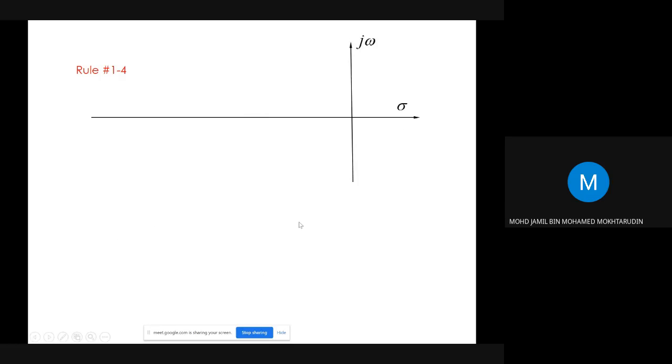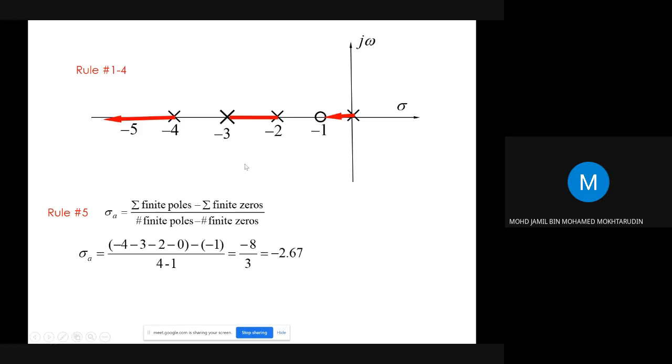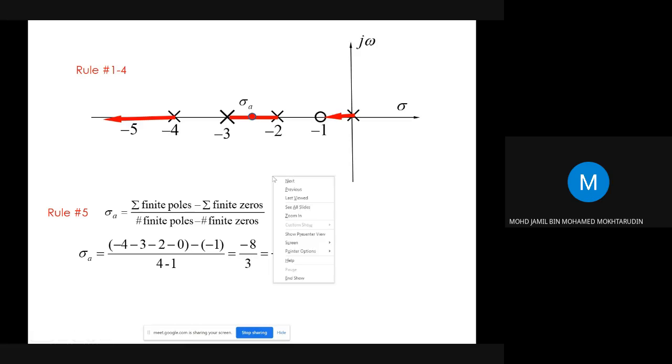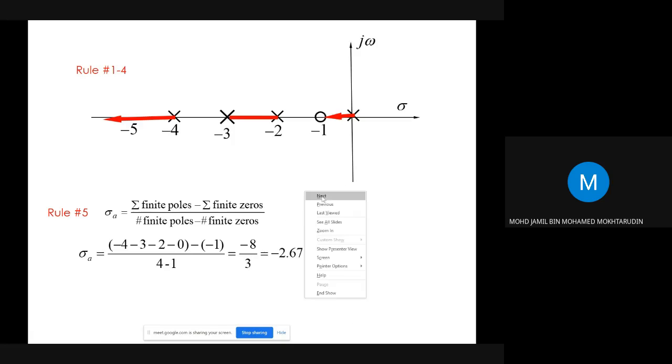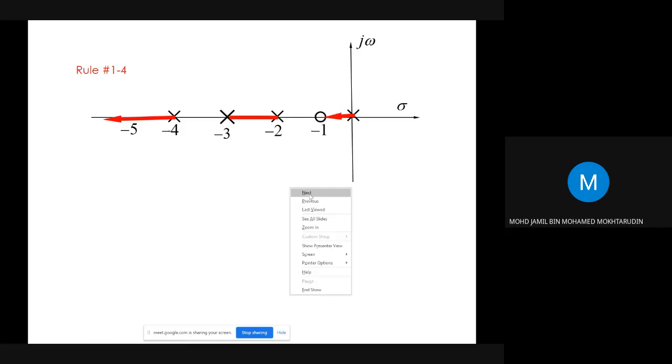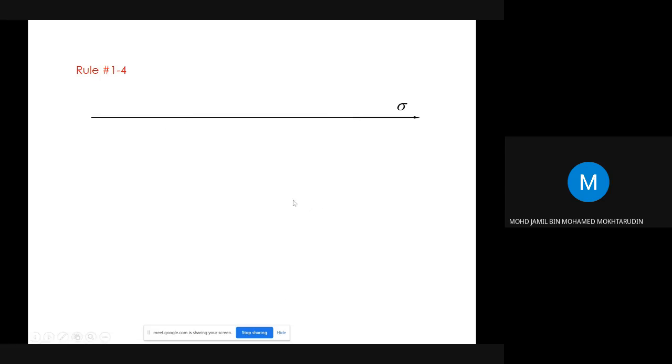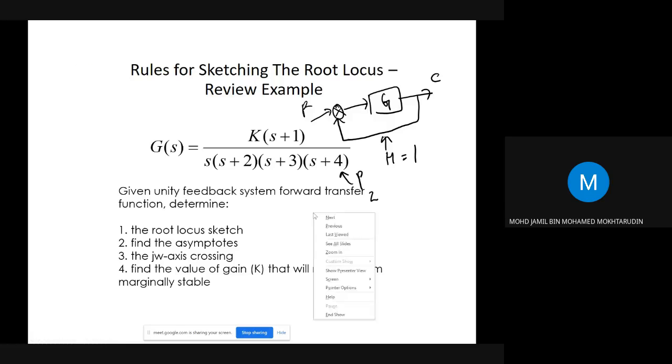Okay, so we use rule number 1 until 4. From G(s), the poles are s equals 0, minus 2, minus 3, and minus 4.